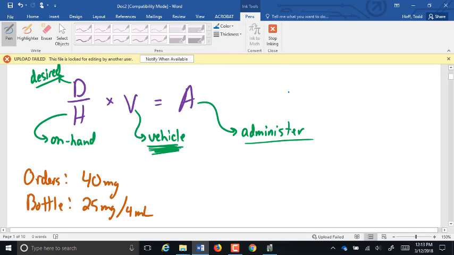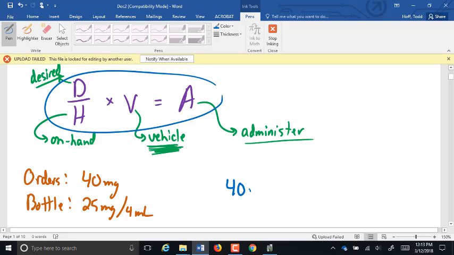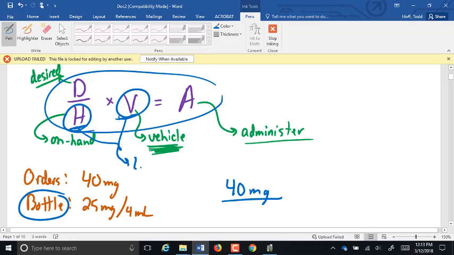Well, to fit this into this formula, D is pretty obvious. That's always pretty obvious. That's the doctor's orders, 40 milligrams. H and V are the tricky parts. H and V both come off of the label, the bottle's label. And they're often given as a rate, and that's exactly what it is here. They're given as a rate, 25 milligrams per 4 milliliters.